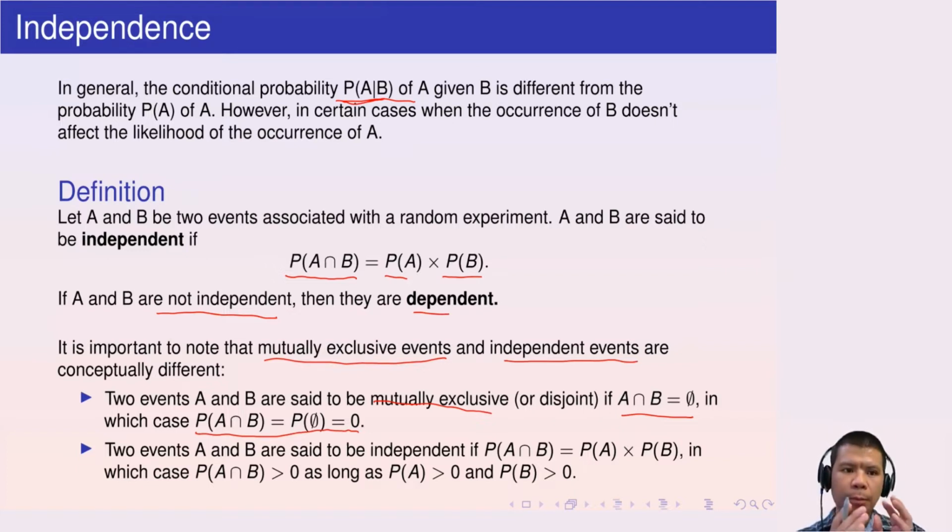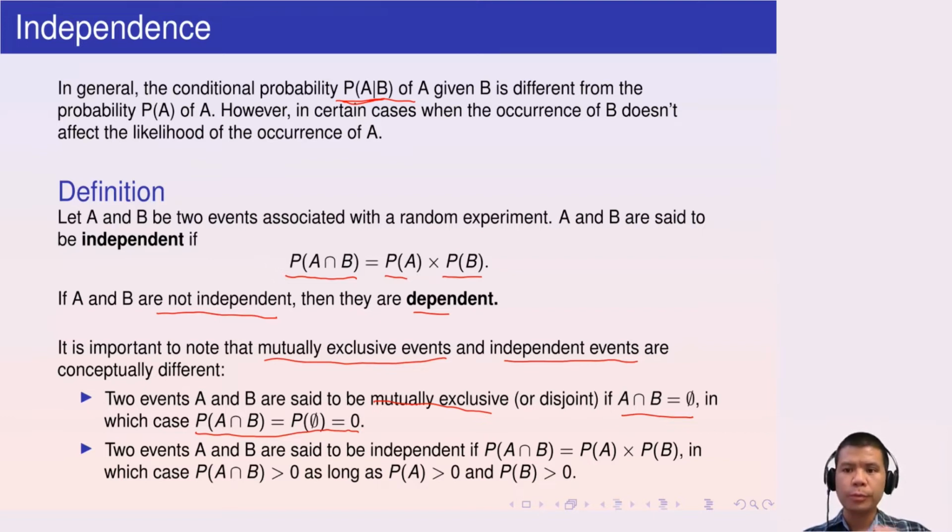Because their intersection is no event and the probability of the intersection is 0, if one event occurs, then the other event can never occur. If it is a female, then it can never be a male. If it is sunny tomorrow, then it's not going to be rainy tomorrow.